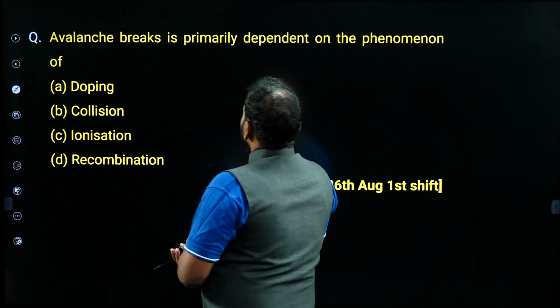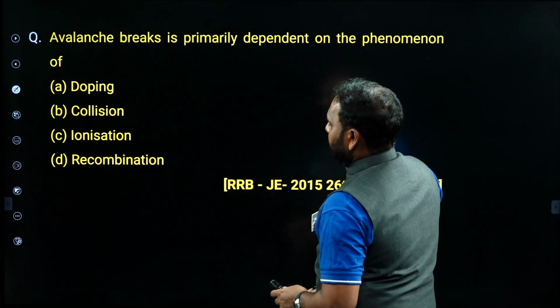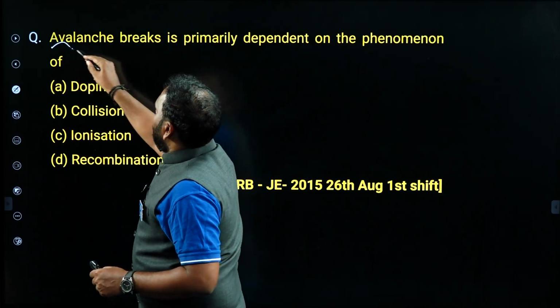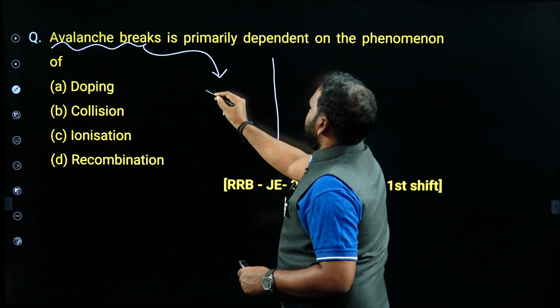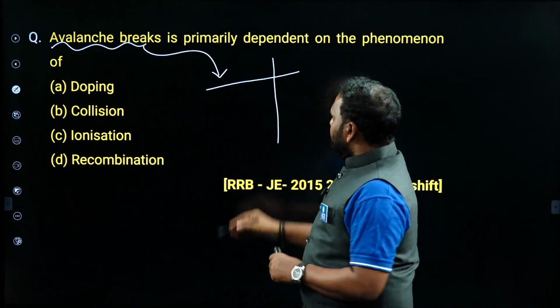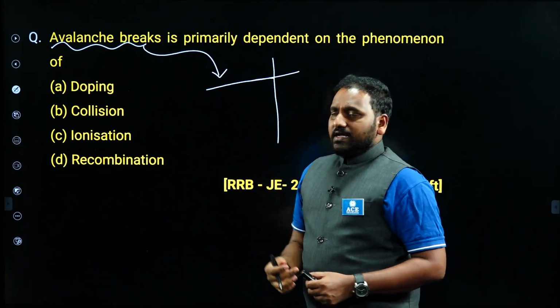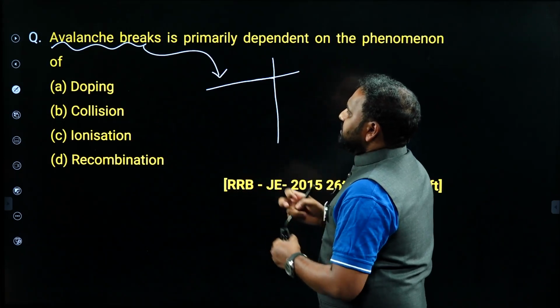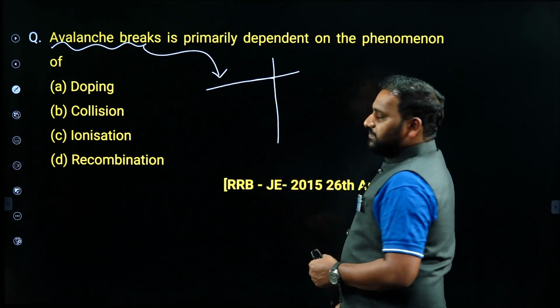Avalanche breakdown primarily depends on the phenomenon of... see, avalanche breakdown occurs in PN diode. Do you remember? Try to collect more objective bits from here. In PN diode, as you keep increasing the reverse bias voltage, due to the cumulative ionization, the collision will take place.